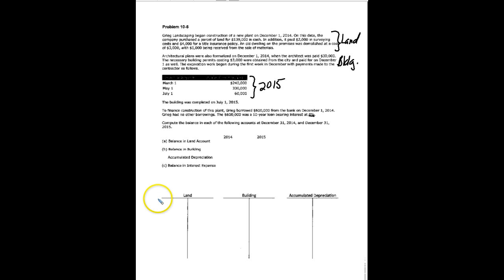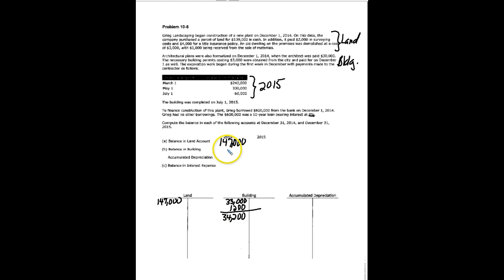So we had $147,000 for land. In the building, we had $33,000 and $1,200, so $34,200. So when we go up here for 2014, the balance in the land account is $147,000.